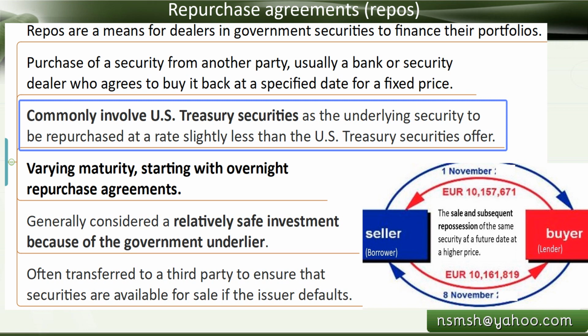So in this relationship, the borrower in need of money becomes a seller. He sells his security and gets money from the buyer, and then at maturity he pays back with accrued interest or at a higher price, or at the price at that time in the market.